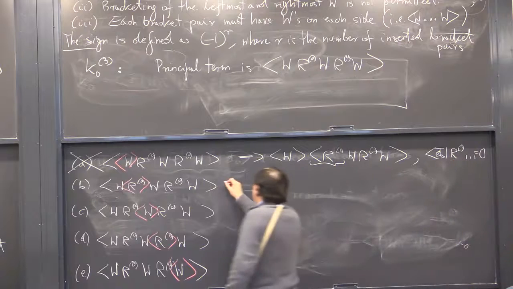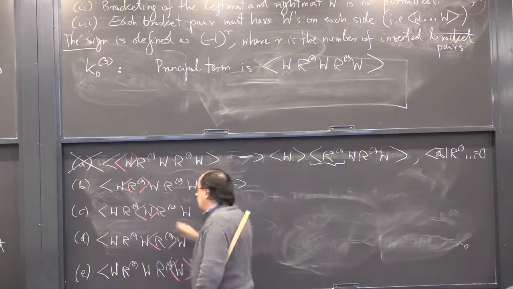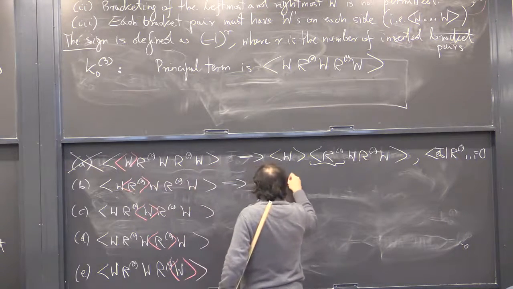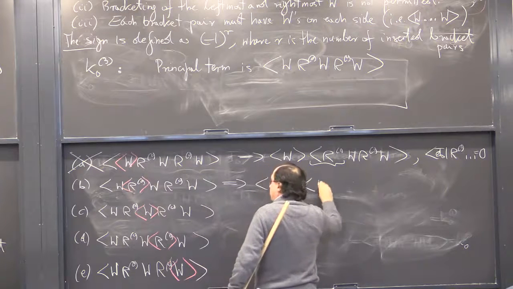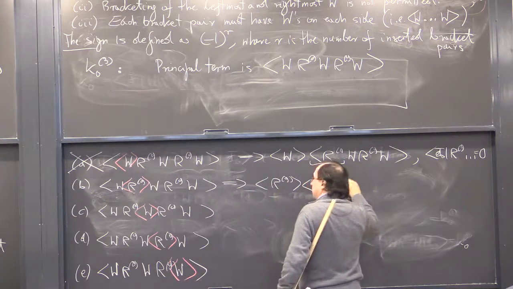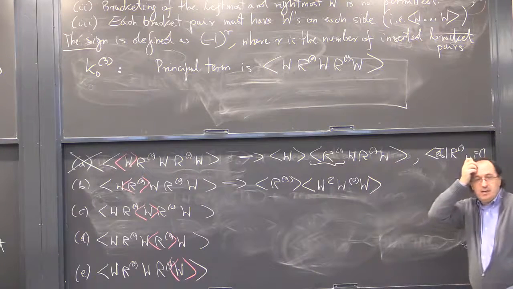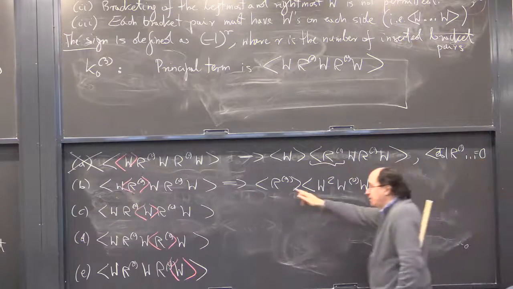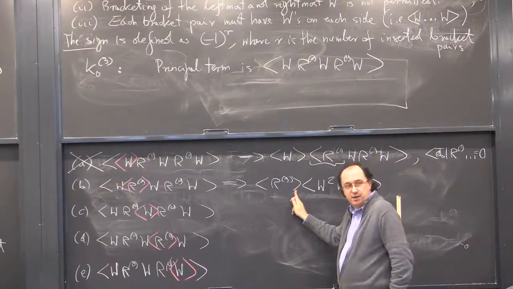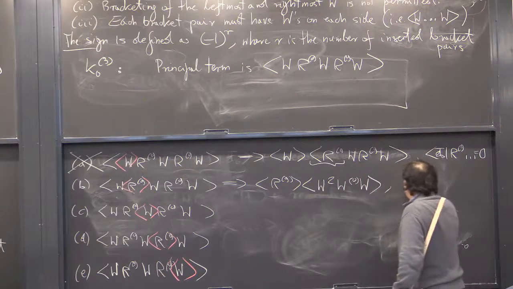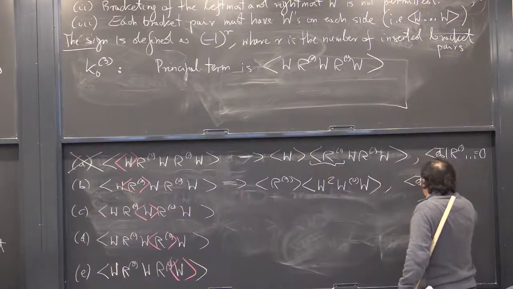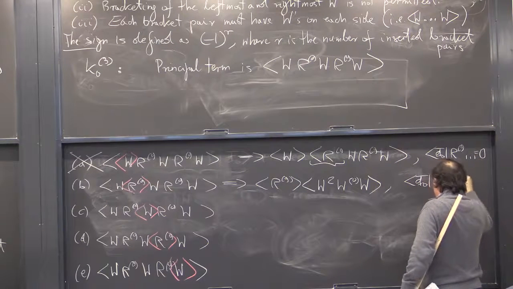Here, I would have to take the expectation value of R0 out, and then you end up with W squared R0 W. Once again, that is a no-go because the expectation value of R0 is 0. Remember, this expectation value is really an expectation value in phi 0.